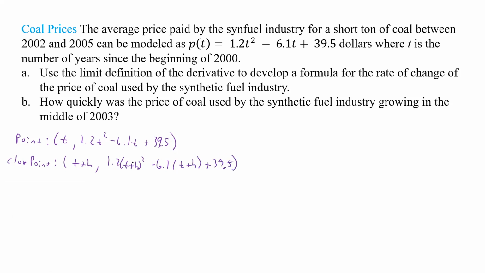Okay, now t plus h squared, well, that's going to be t squared plus 2th plus h squared. And so now we can take that times 1.2, so that gives us t plus h comma 1.2 t squared plus, now 1.2 times 2 is going to be 2.4 th, and then plus 1.2 times h squared, and then minus 6.1 times t, and then minus 6.1 h, and then plus 39.5.